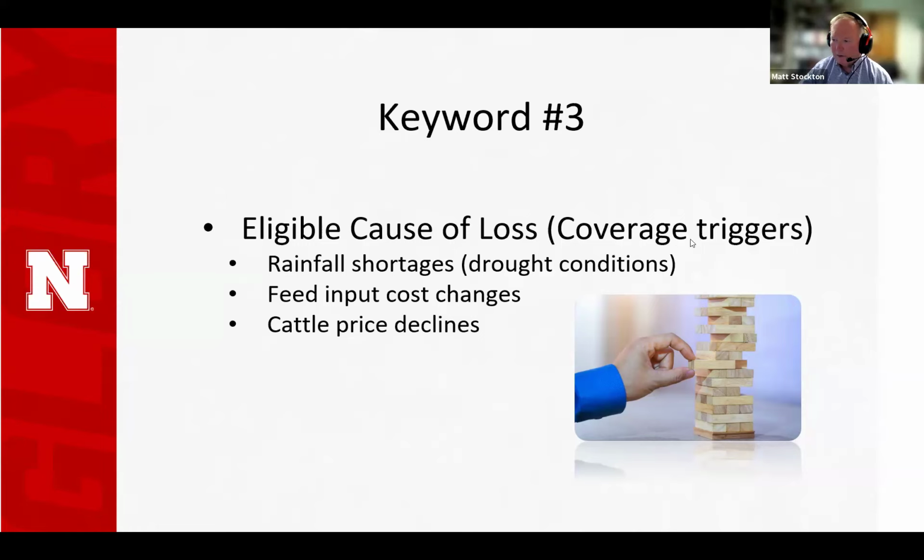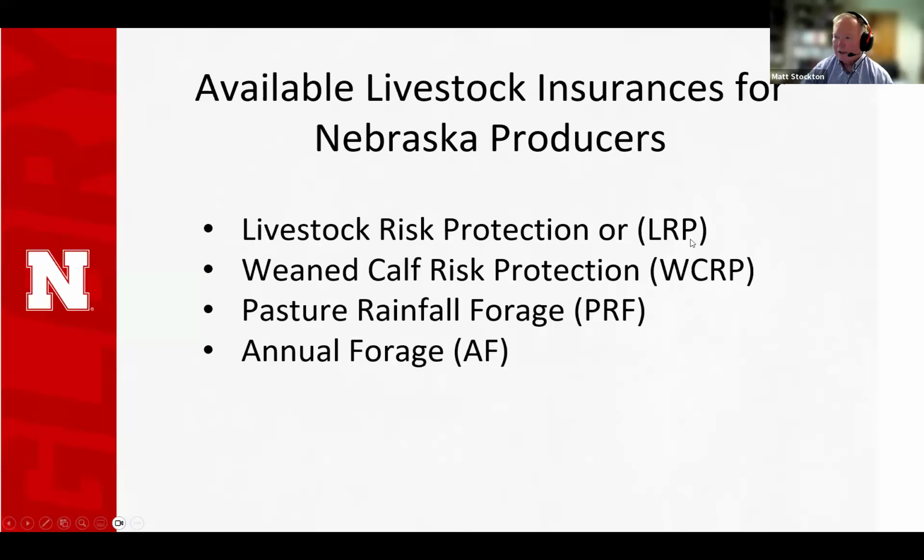Okay, so now those are the three keywords that we really talked about. Now let's talk about four very simple available livestock insurances that are primarily what we want to talk about. We're going to talk a little bit about LRP, which is livestock risk protection. We're going to talk about a new one. This is an interesting insurance.